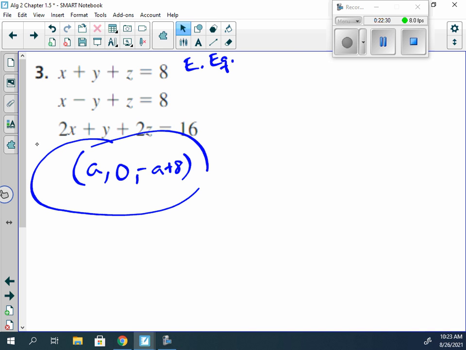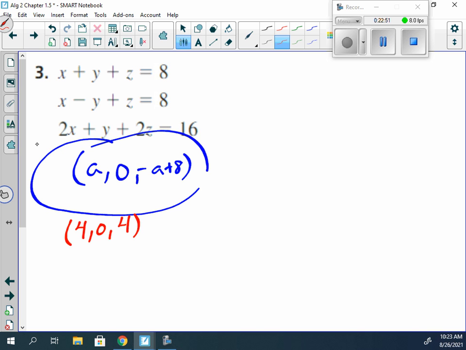Now, Paris, give me a value for a. 4. So if I plug 4 in, so 4, 0, here it would be negative 4 plus 8, which is 4. So if I did this right, this here should be a solution, and we can check it.